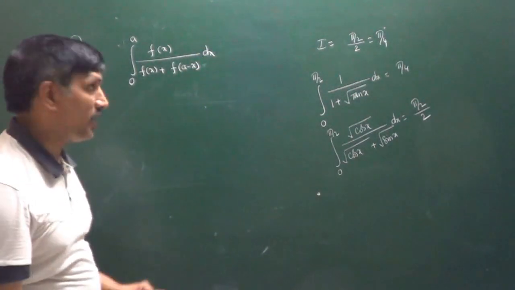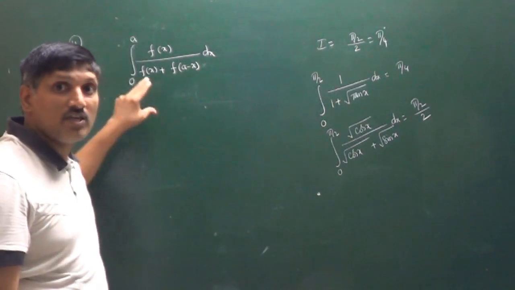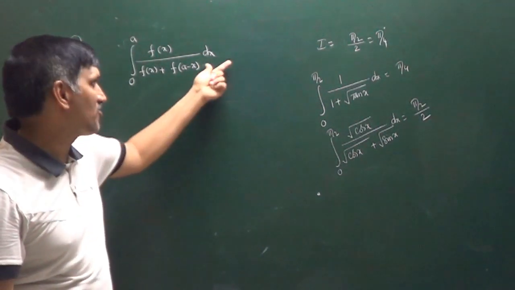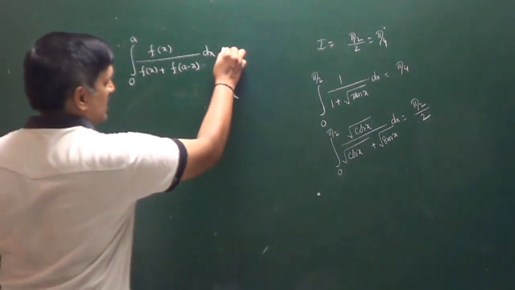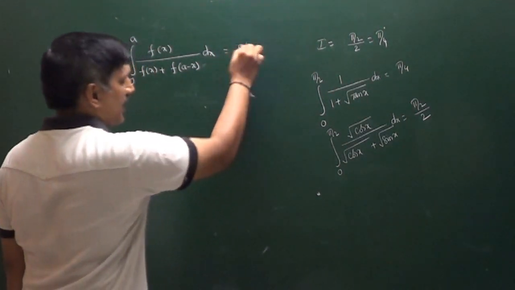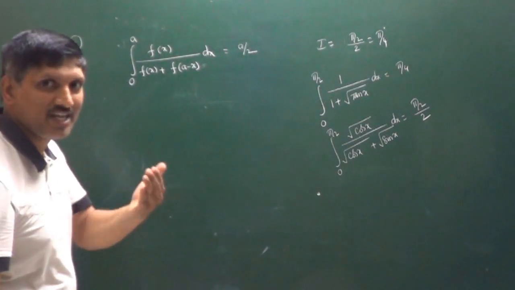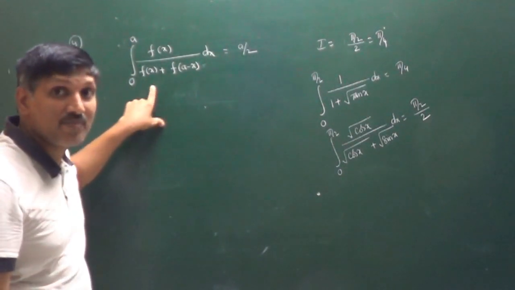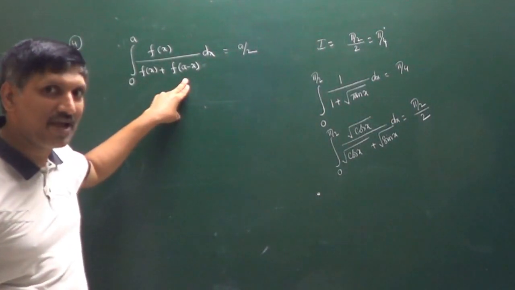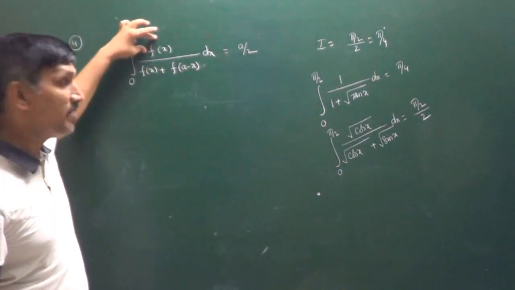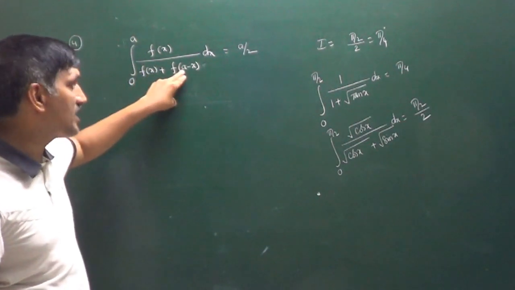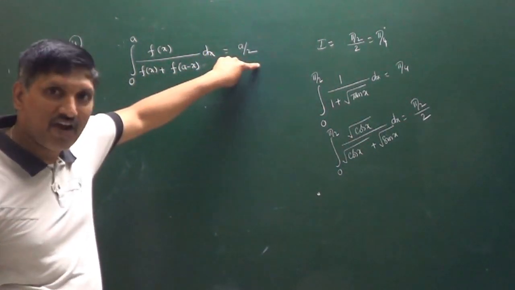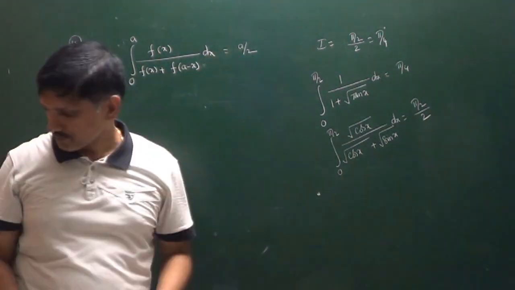The answer is directly upper limit divided by 2. That's what we discussed earlier. Here it is sin x by (sin x plus sin(90 minus x)), so the answer is 90 divided by 2.